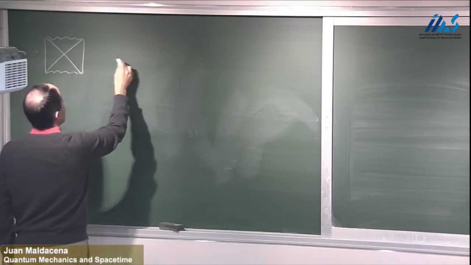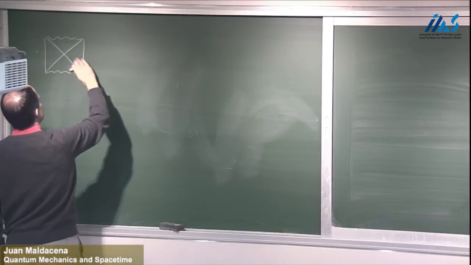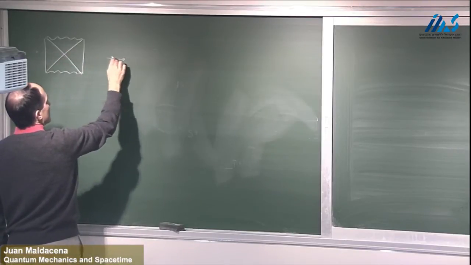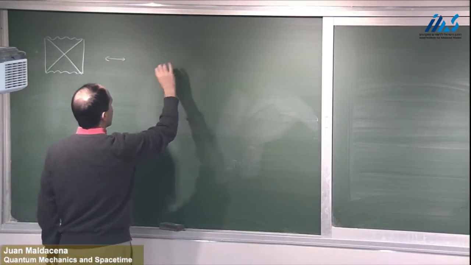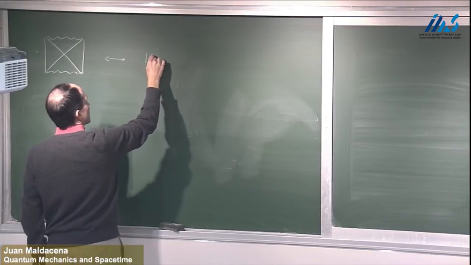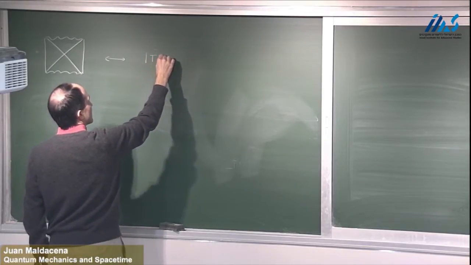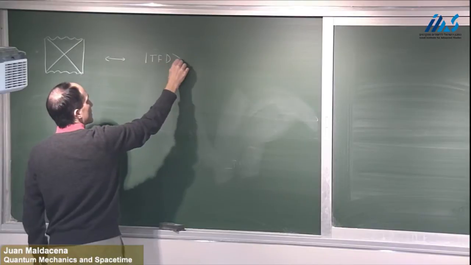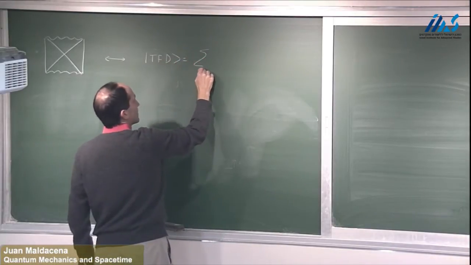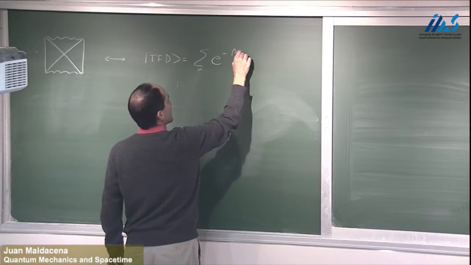So we think that this geometry is dual to two separate field theories in a particular thermofield double state, which we've written down explicitly before.